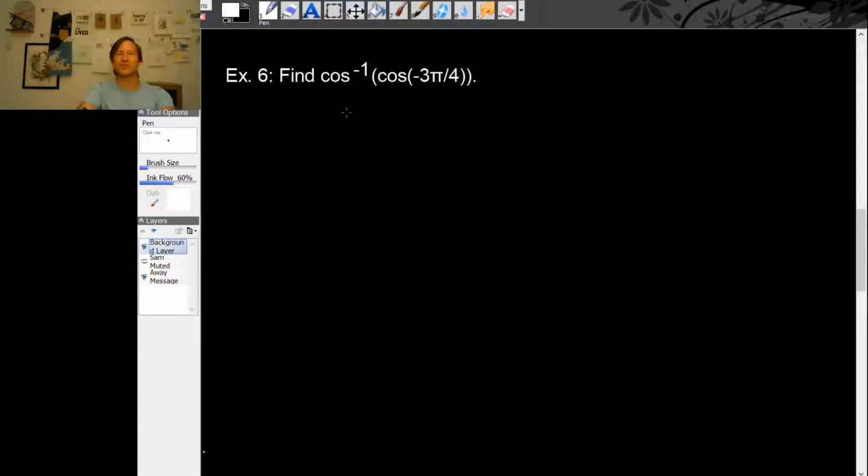So let's find inverse cosine of cosine of minus 3 pi over 4. Before we just, without thinking, cross out the inverse cosine and the cosine because they supposedly cancel, let's check: is this angle, minus 3 pi over 4, in the restricted domain for cosine, which is from 0 to pi?